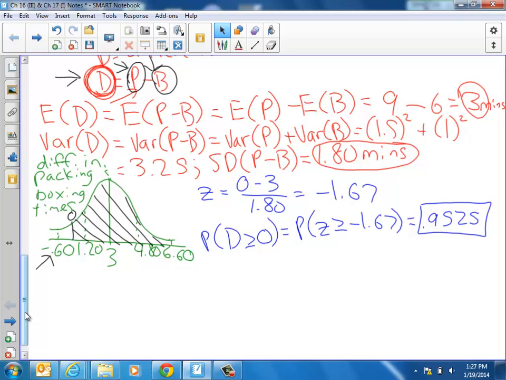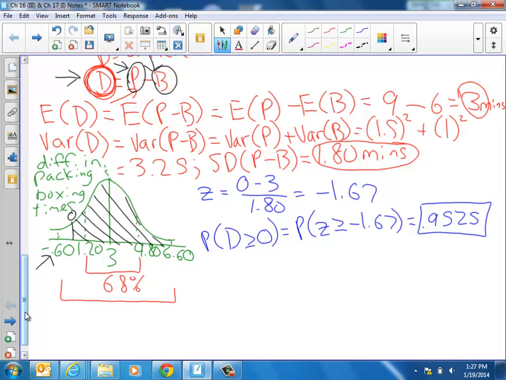We have answered B. Just double check with me real quick. Let's check to see that that answer makes sense, the 0.9525. We know that within one standard deviation of the mean, that's 68% of the data values. We know that within 2 standard deviations of the mean, that's 95% of the data values.